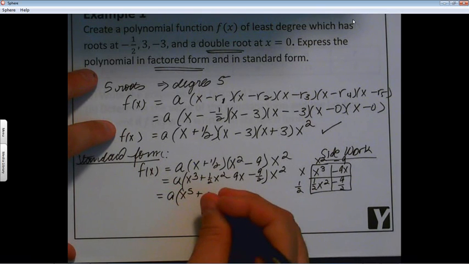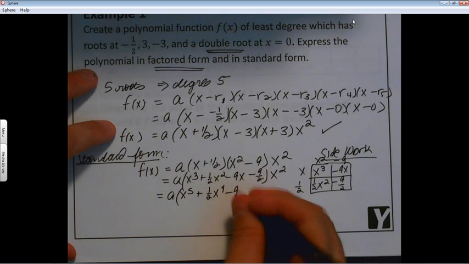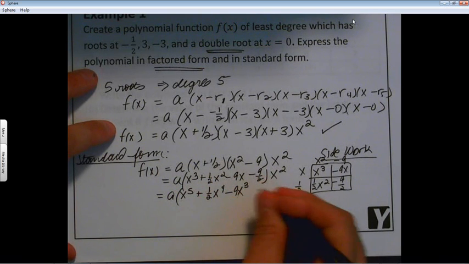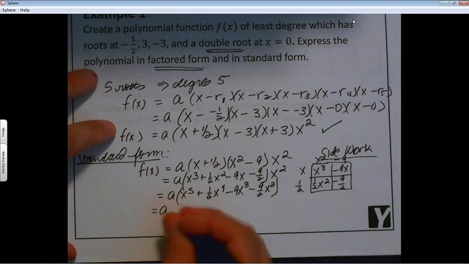We put that all together, and now we have x cubed plus 1/2 x squared minus 9x minus 9/2. All of that's being multiplied by x squared.